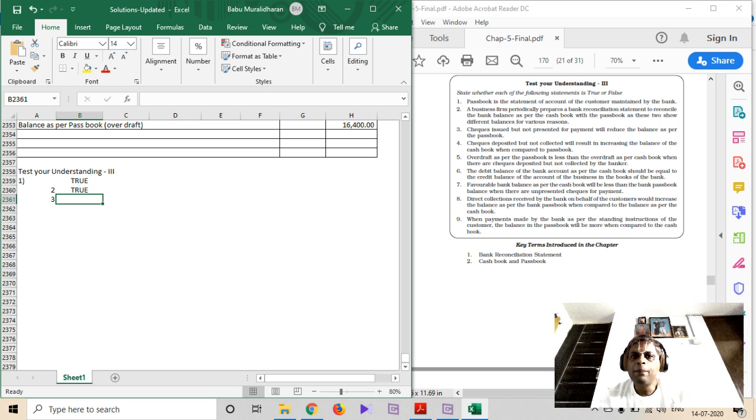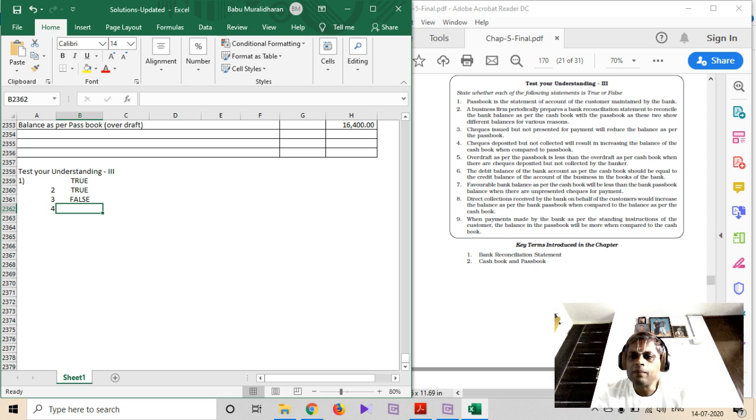It will impact the passbook once it is presented and then encashed. Till then the passbook balance will be higher. So the statement is false. This will impact the passbook only after it is presented for payment, right?